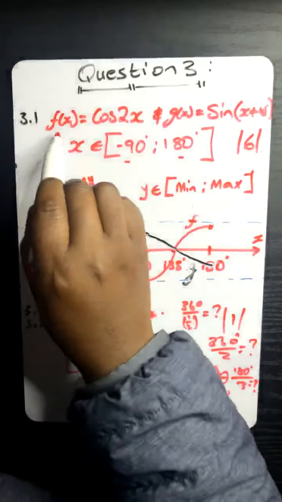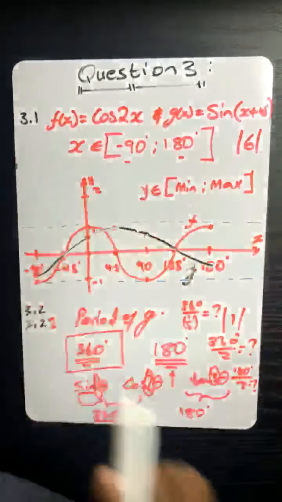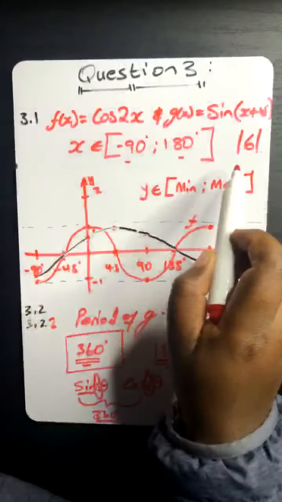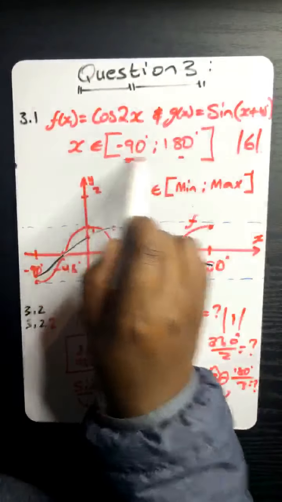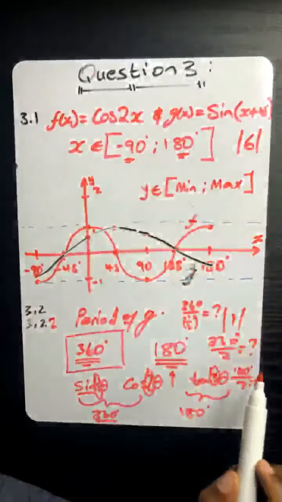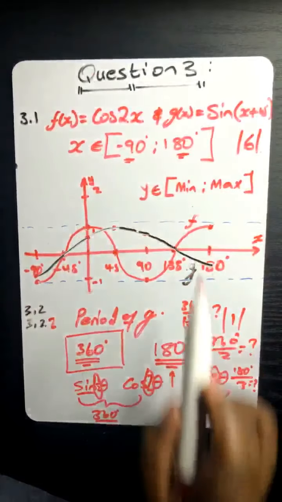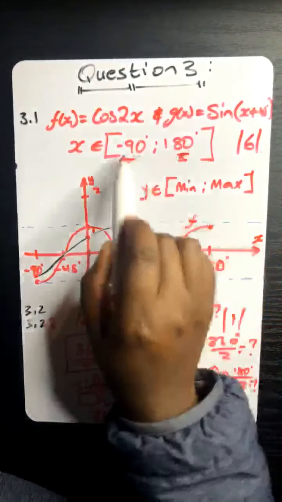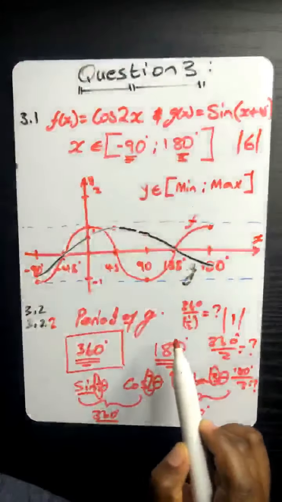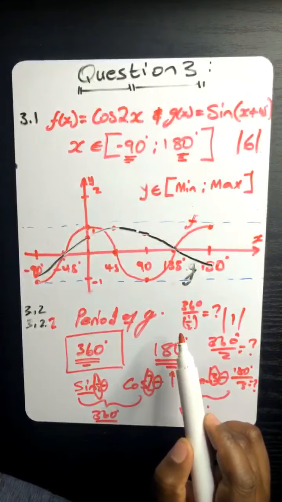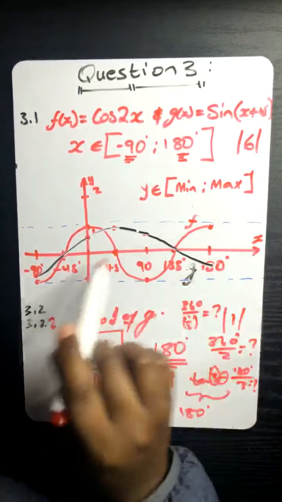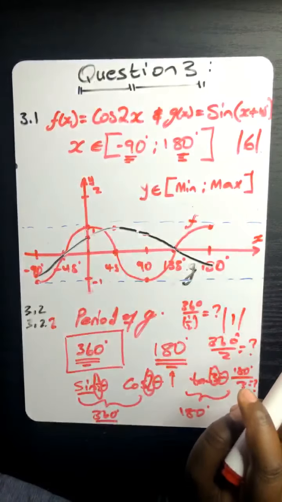So for the period, never focus on the restriction over there. This is only to tell you that when you plot, start from here and end there. It doesn't mean 180 is the period. If 180 is the period, what about this one? Also, the period is the interval in which the function repeats itself.